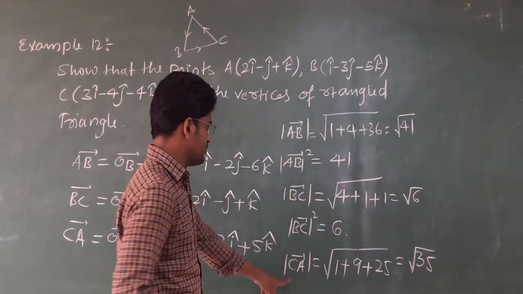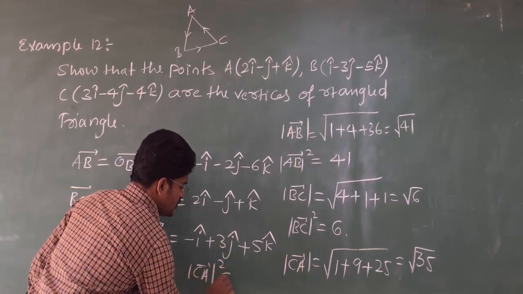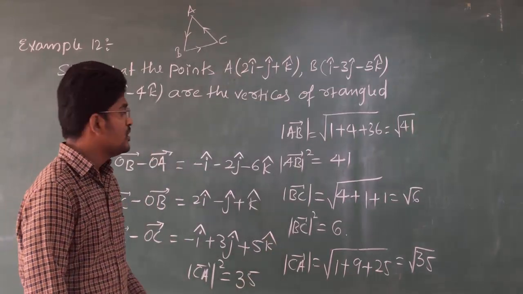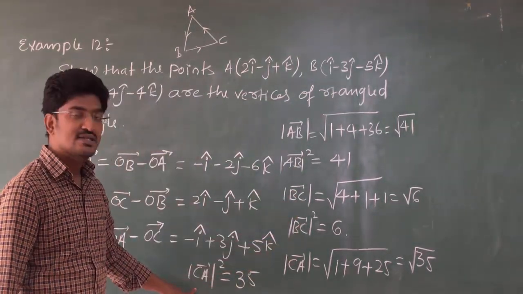If you calculate the magnitude of CA square, it will give you 35. So you got AB square, you got BC square, you got CA square.